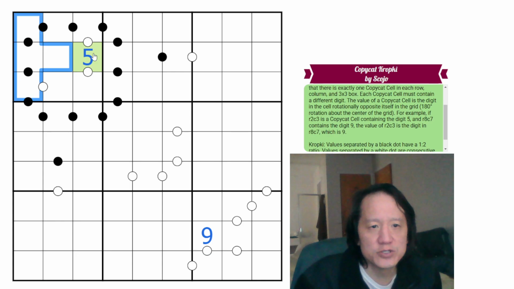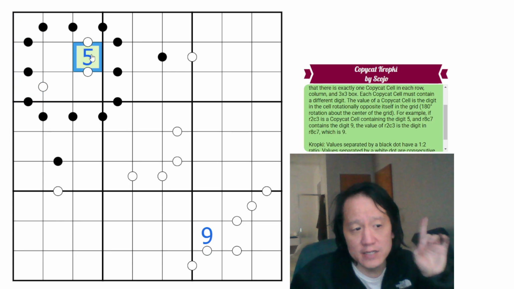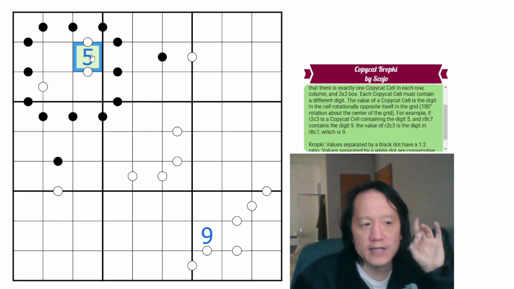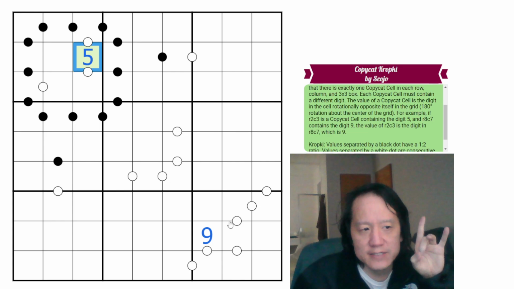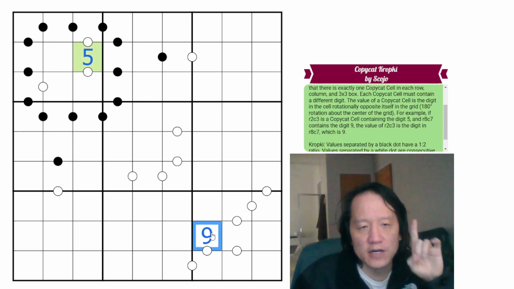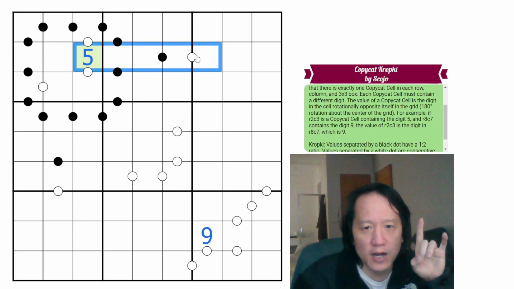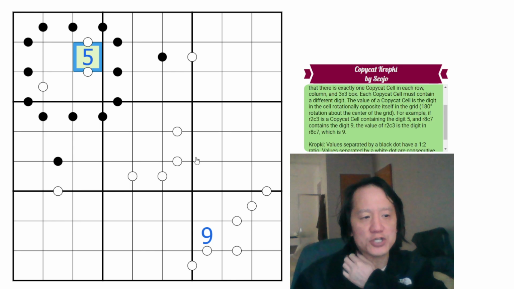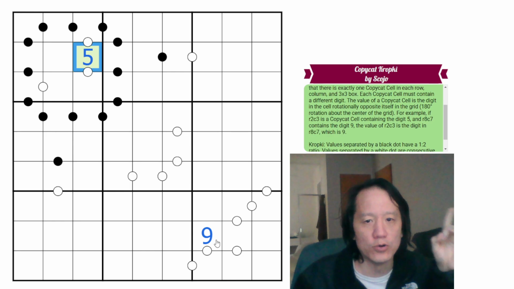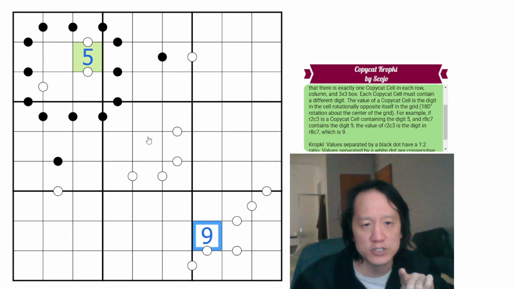If the cell is a copycat cell, its value is the digit that is 180 degrees rotationally opposite it, around the center of the grid. So for row 2, column 3, the cell that is rotationally opposite it is row 8, column 7, which is this one, right?